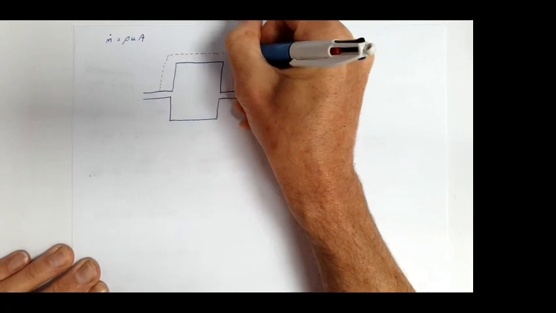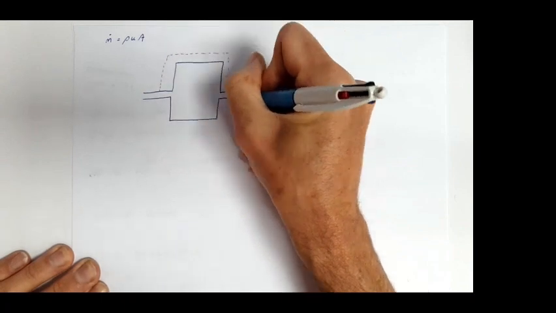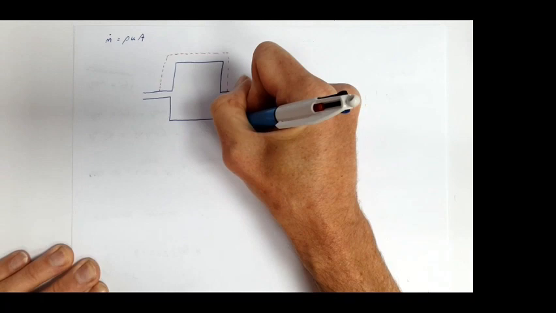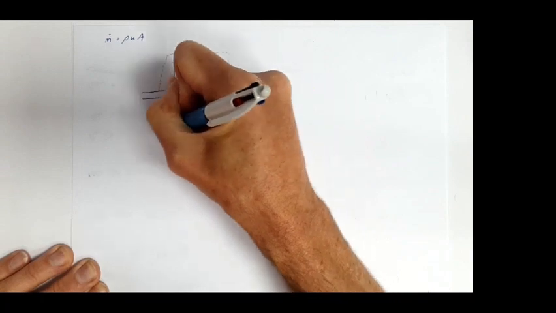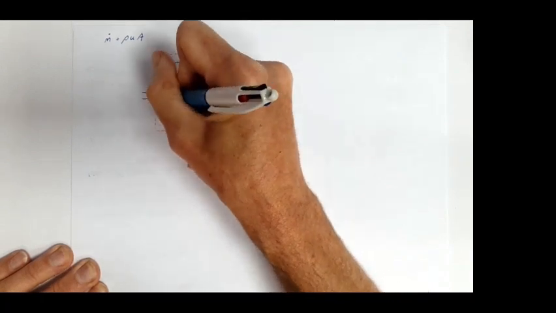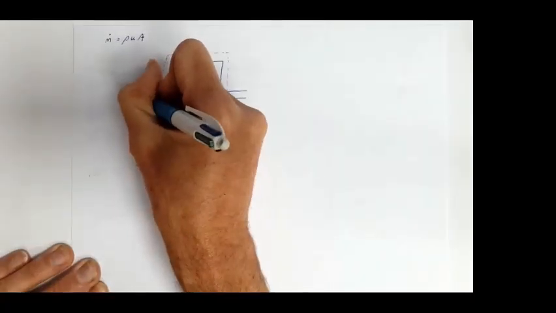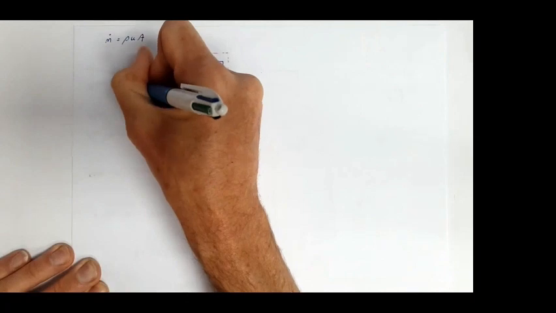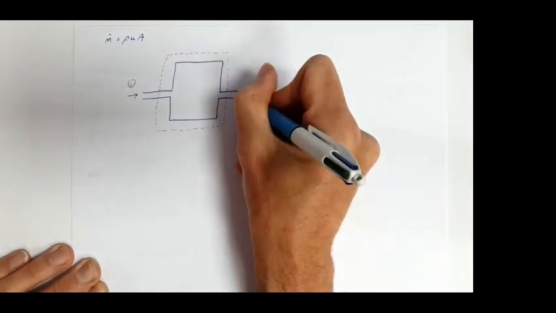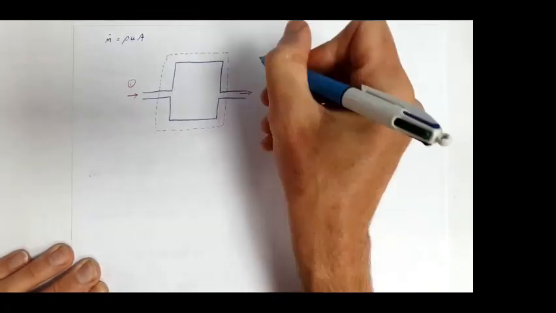So fluid is flowing into this system and out of the system. I'm not too concerned what's happening in the middle. So my fluid is flowing in here. This is position 1. Flowing out here. Let's call this position 2.